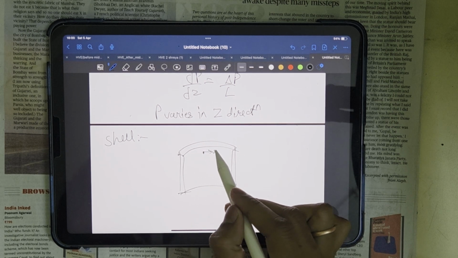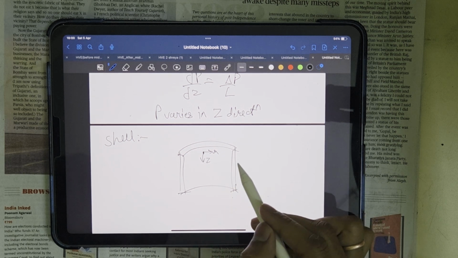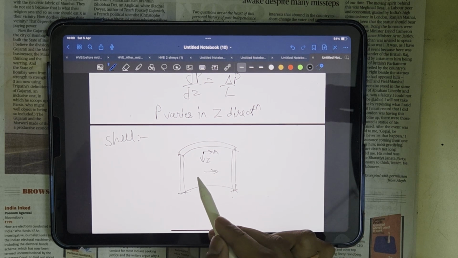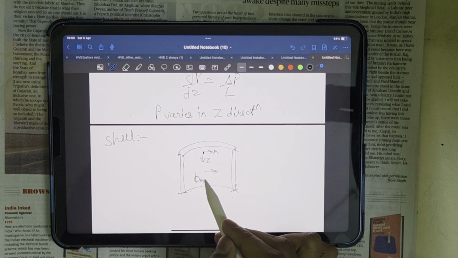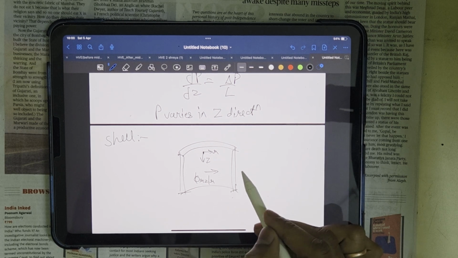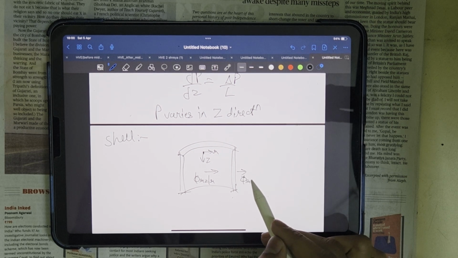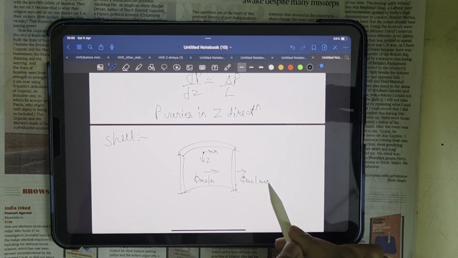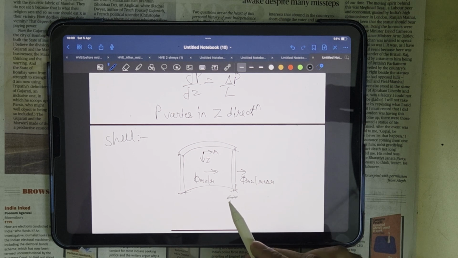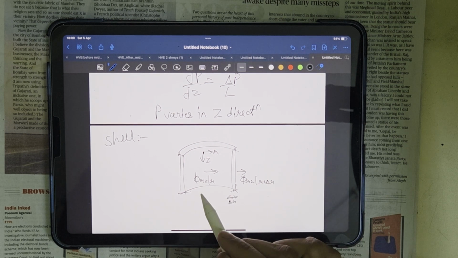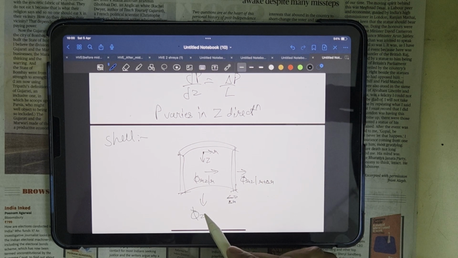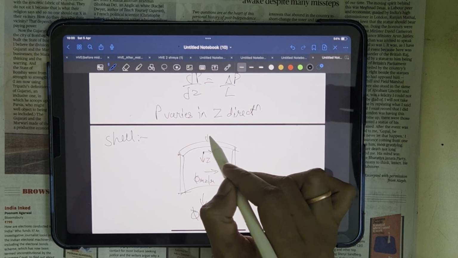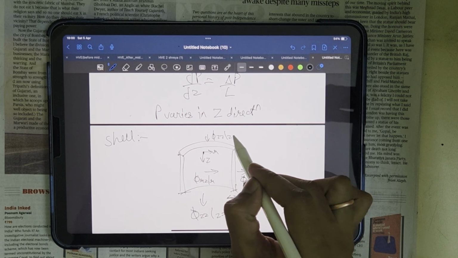This is the r direction, this is the z direction. Phi Rz moves from r to phi Rz at r plus delta r. This is delta r, and phi zz at z equal to L, phi zz at z equal to 0.